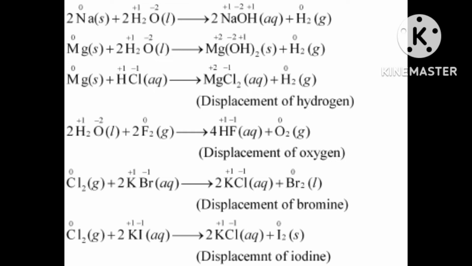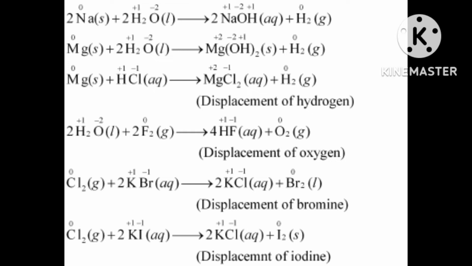This question is asked. Oxygen is second position. After that, nitrogen, third position. Fourth is chlorine. Fifth is bromine, and last is iodine in the whole periodic table. This question is asked.